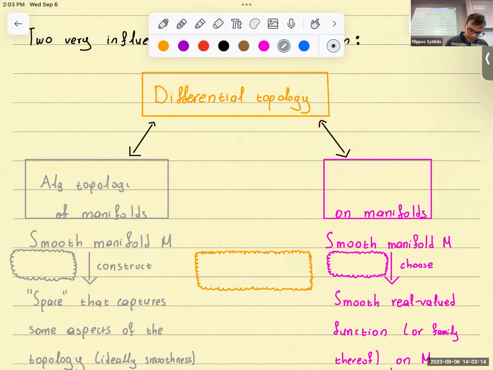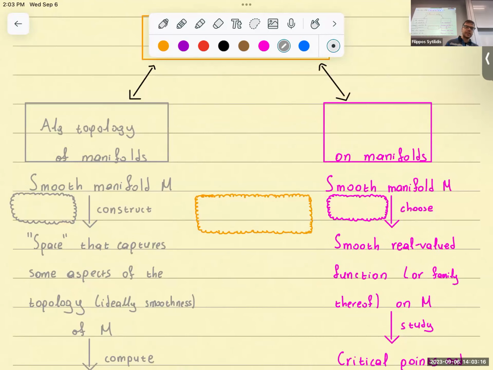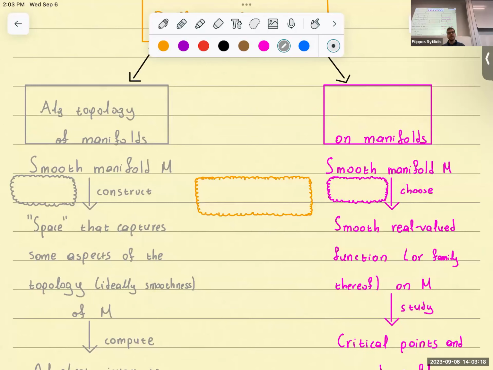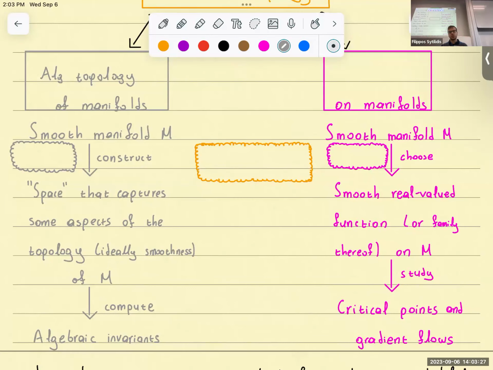Roughly, how this interplay goes is that one starts with a smooth manifold M, and then tries to construct some kind of space that captures some aspects of the topology of M. Ideally, that would be smoothness. Usually we can't do quite as well, but that's very roughly what we are intending to do.